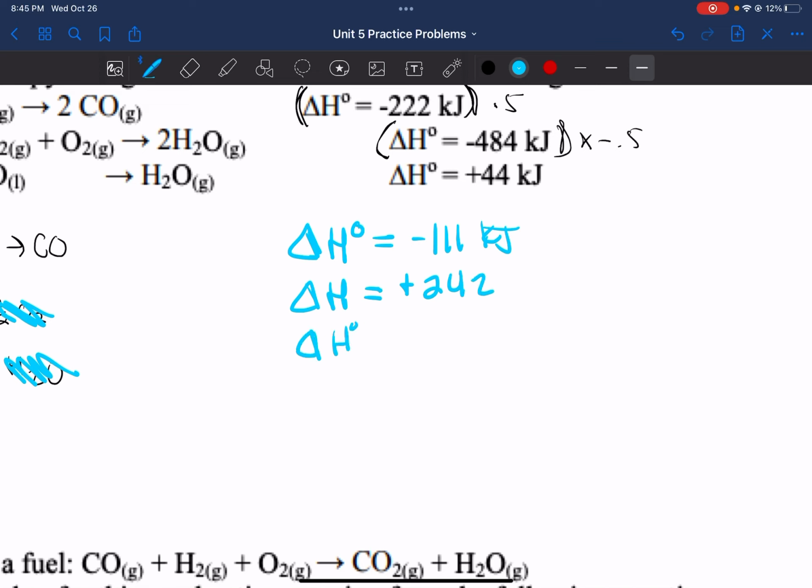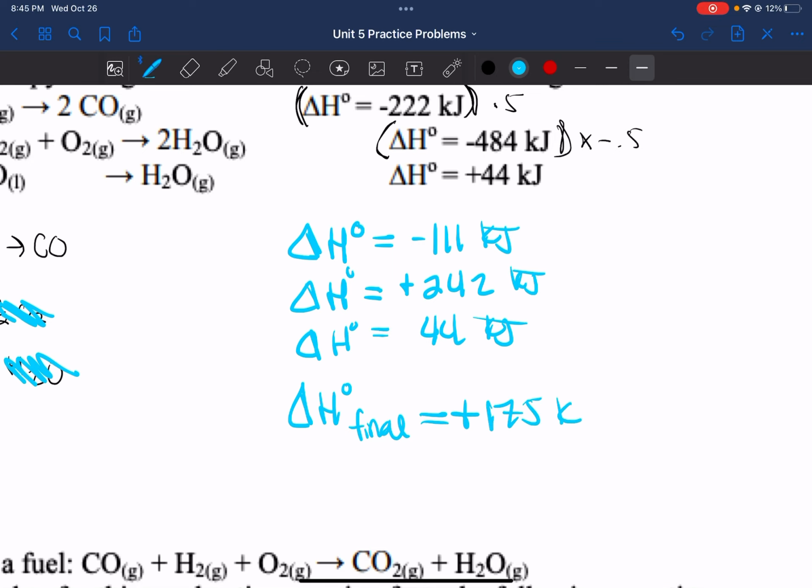And the last one stays the same, just 44 kilojoules. And when we calculate this, it would just be 242 minus 111 plus 44, which equals a ΔH final of roughly positive 175 kilojoules.